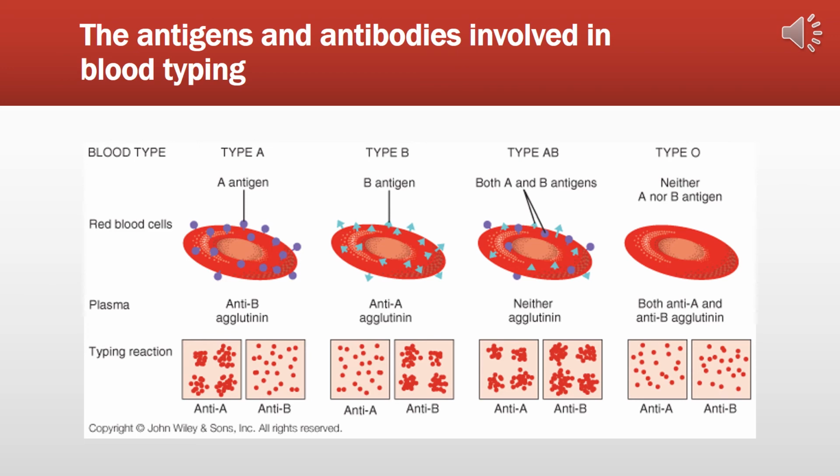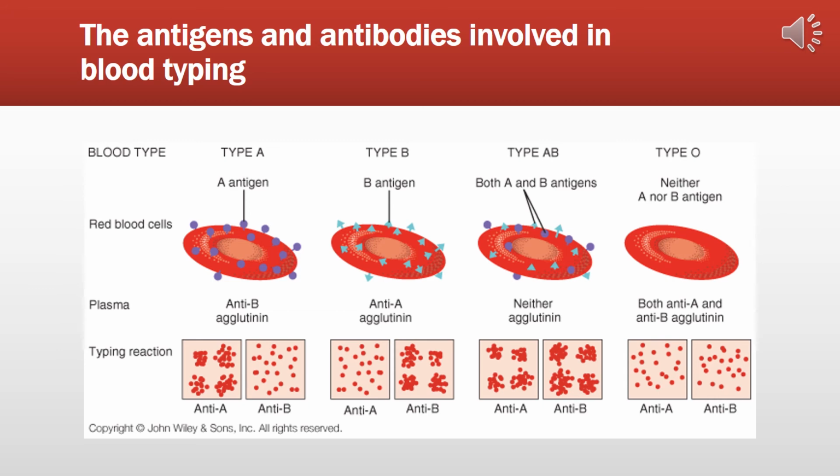Here's a chart which shows the various antigens produced by each blood type, and also the agglutinin produced by individuals of each blood type. Over here on the left we have type A blood, where the A antigen is produced and expressed on the cell membrane, and in these individuals we produce anti-B agglutinin.